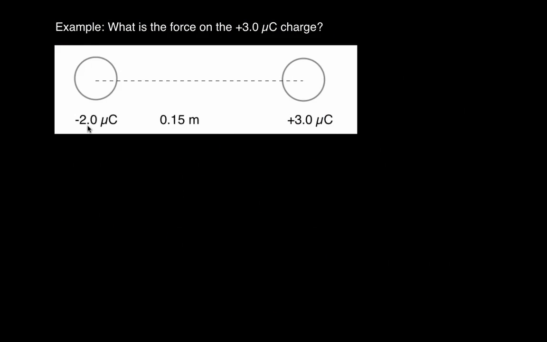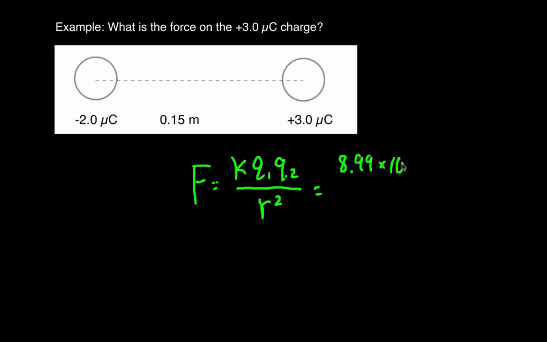Here's an example of using Coulomb's law. What is the force on the 3 microcoulomb charge? Coulomb's law says that F equals K Q1 Q2 over the separation distance. This is 8.99 times 10 to the 9, which is Coulomb's constant, times the magnitude of the two charges.